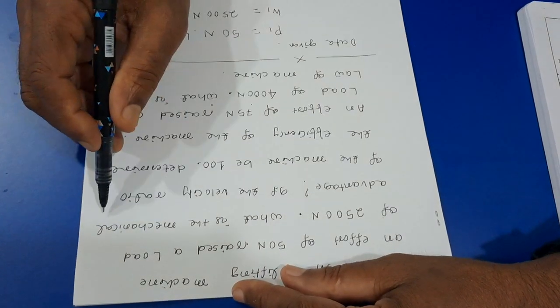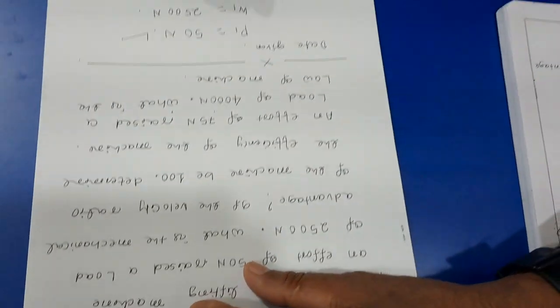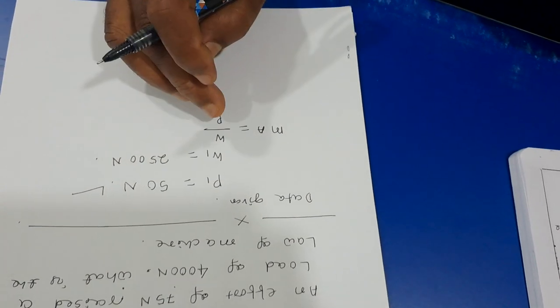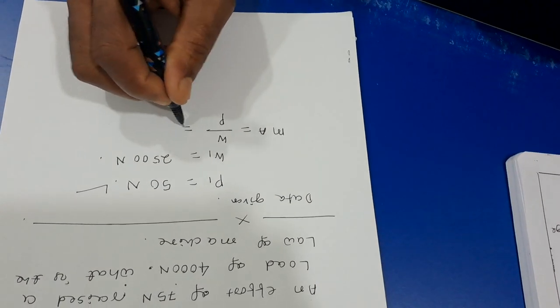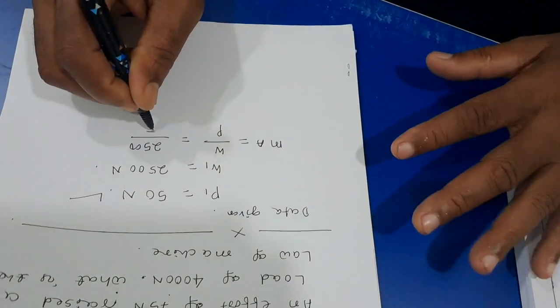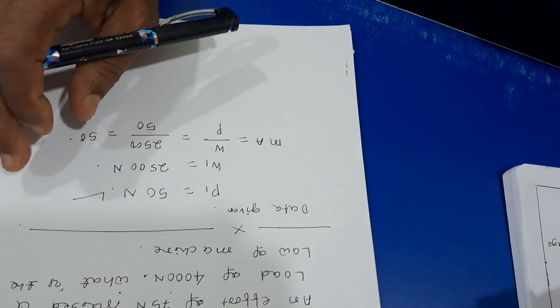Question is, what is the mechanical advantage? You know that mechanical advantage is equal to W by P, weight lifted to effort applied, is equal to 2500 divided by 50 is equal to 50.